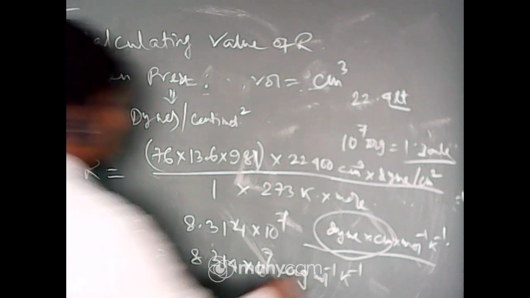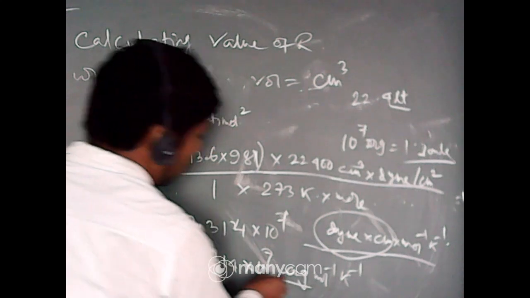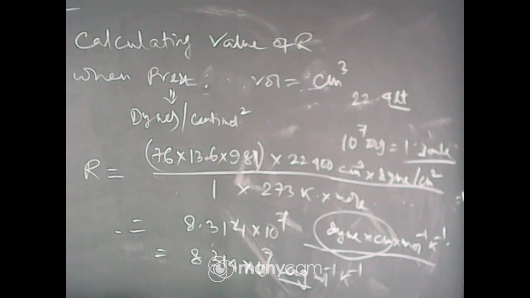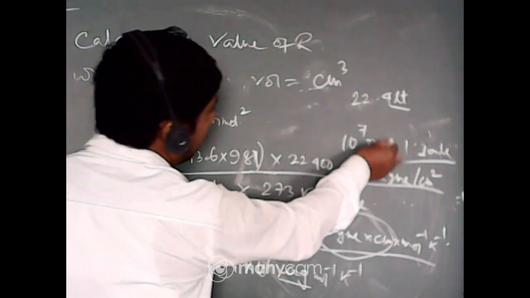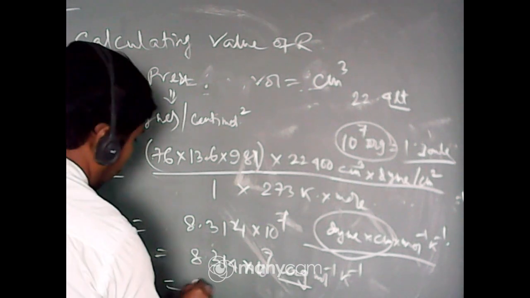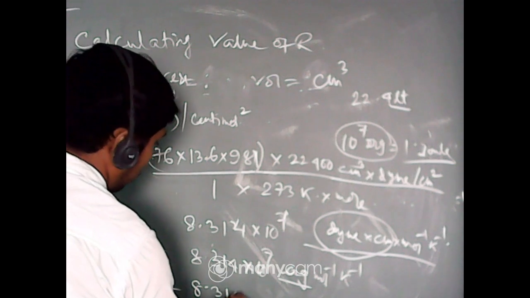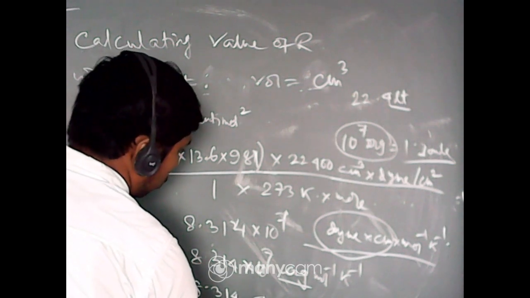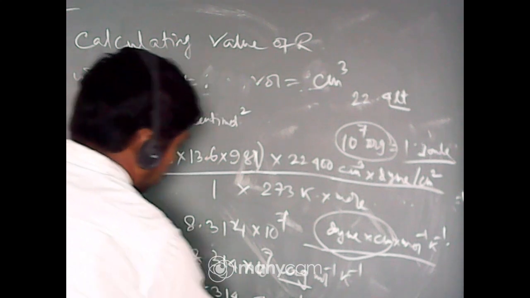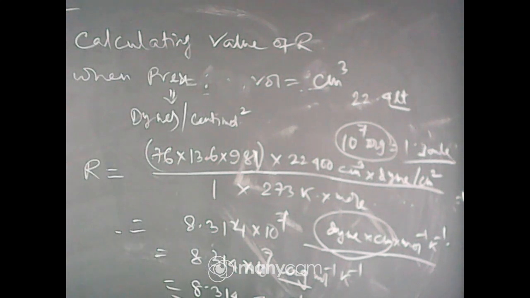So dyne into centimeter, this is converted to erg, and then mole inverse Kelvin inverse, and there is a conversion factor already written, 10 to the power 7 erg equal to 1 joule. So if we convert it, 8.314 joule mole inverse Kelvin inverse. So this unit becomes in SI unit.